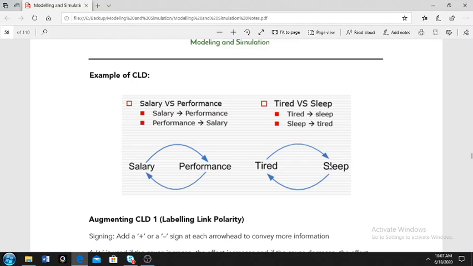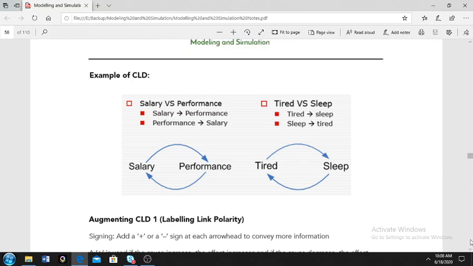If you sleep, you will get less tired. So these are causal feedback loops with cause and effect. Salary is a cause, performance an effect, but we can have a feedback. The same thing here. To be tired is a cause, and sleeping is a consequence, an effect, but we have a feedback.